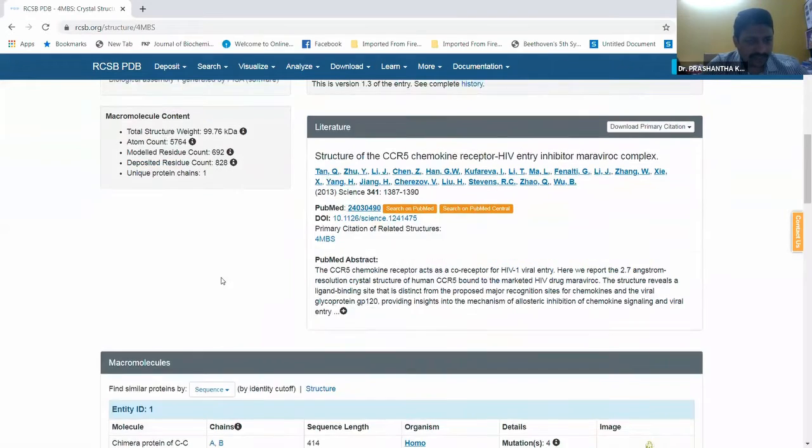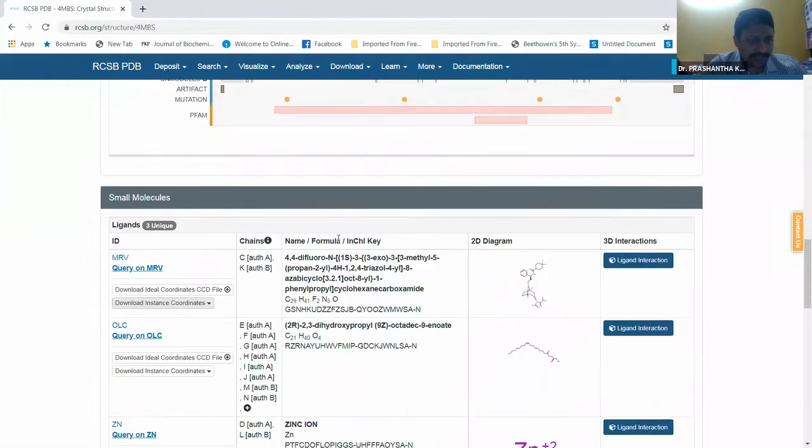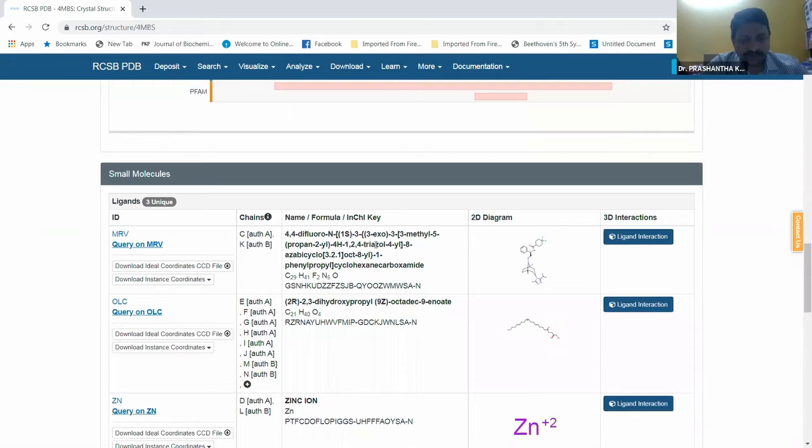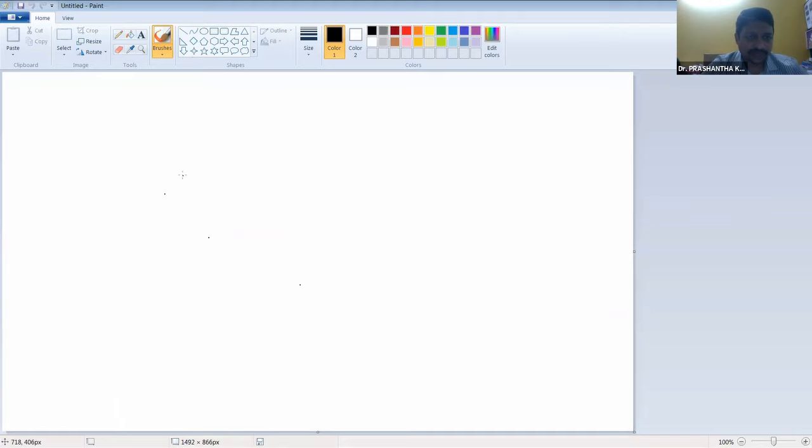Along with this, we have this Maraviroc ligand bound to it. Now, what we will do today is, to simplify the concepts, I will just write a bit about the procedure that we follow. Over here, I will use a pen, maybe in color.